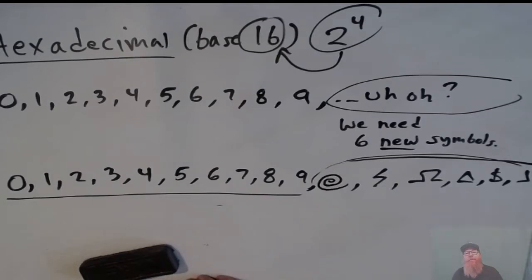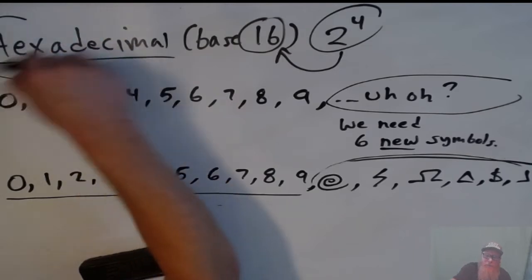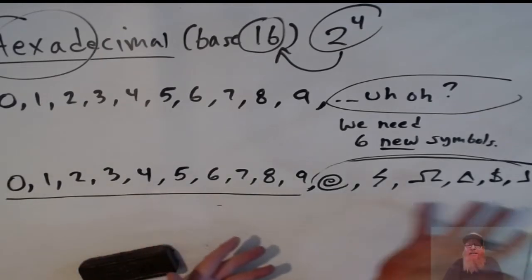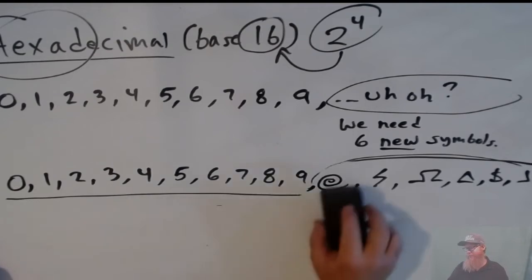Okay? It's a bad idea. That's the point I'm trying to make. Making up your own symbols, although it is legal, it's legitimate. You're making up a number system. It's better if you use symbols, or at least 6 symbols, that you've known since you were a child.